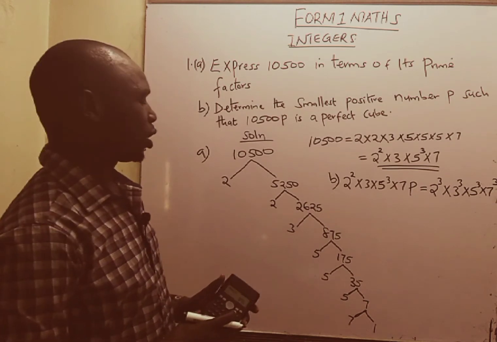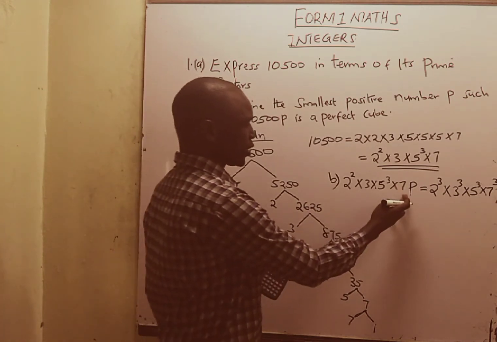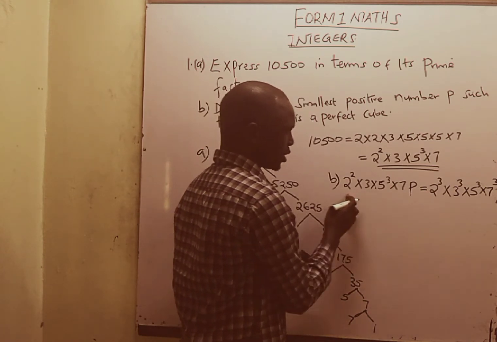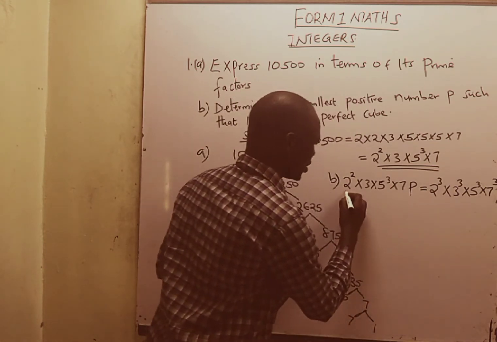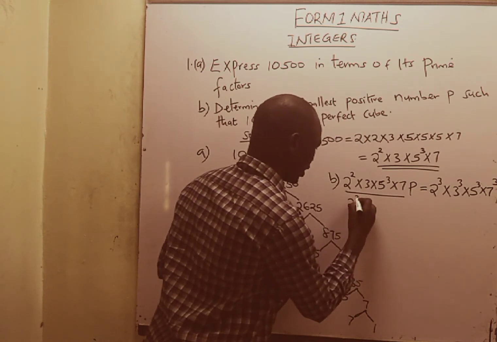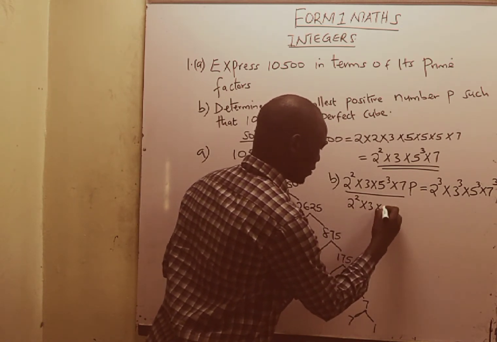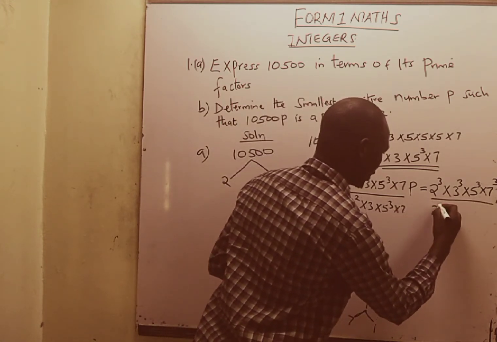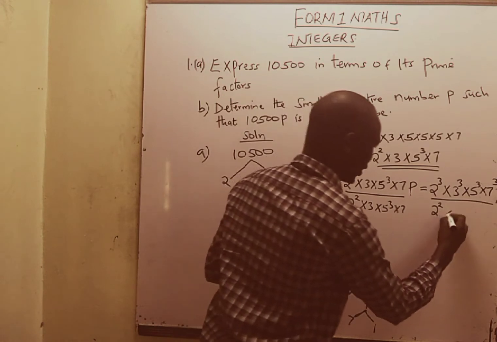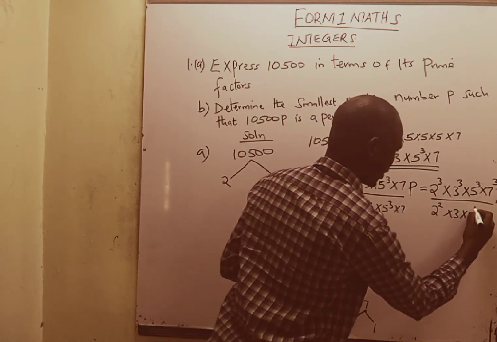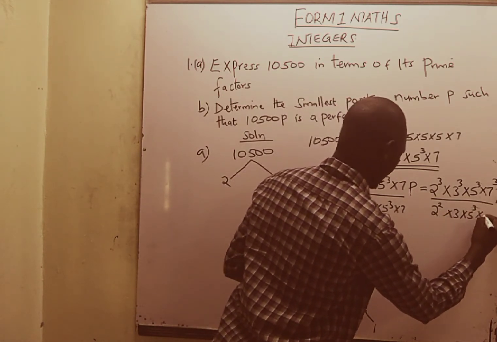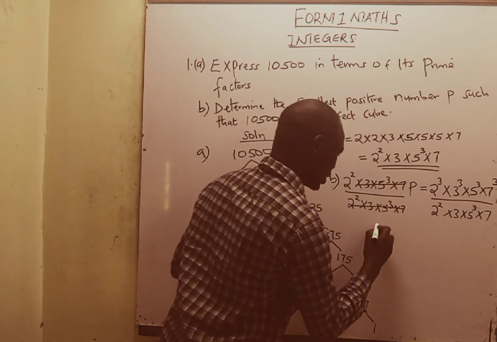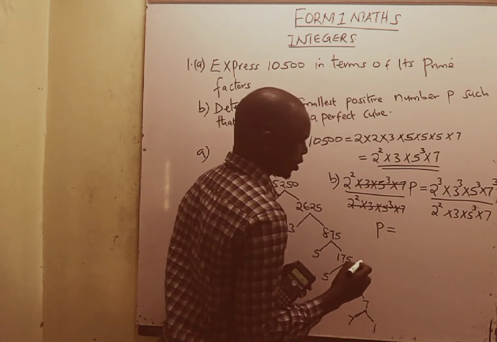So for us to get the value of p, we divide both sides by 2 power 2 times 3 times 5 power 3 times 7. This one and this one will cancel, such that we have p.